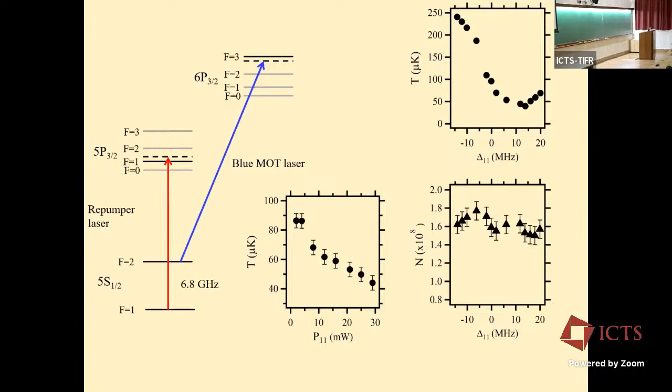Type 2 has a dark state. Type 1 doesn't have a dark state. No, but I'm saying that effectively the lower F equals 1 may be creating a dark state, and that's why you're saying it. For type 1 also, I'm saying that's the physics.